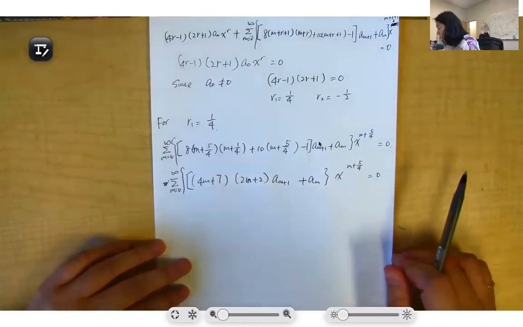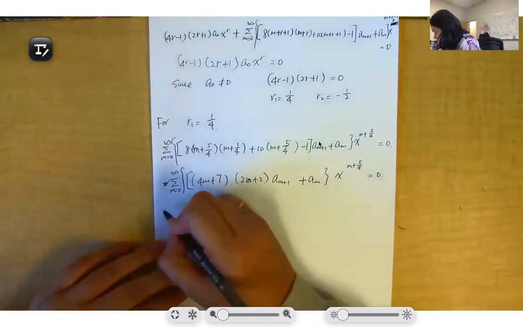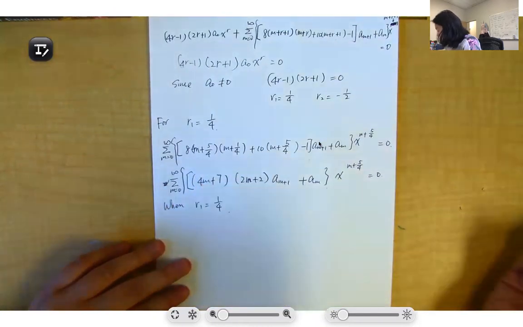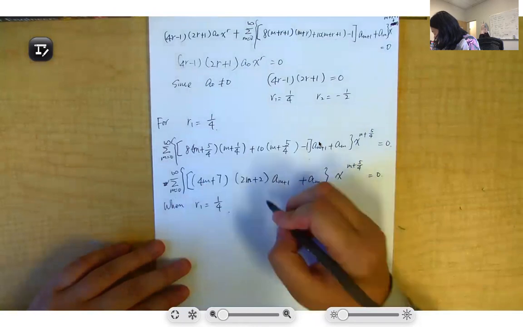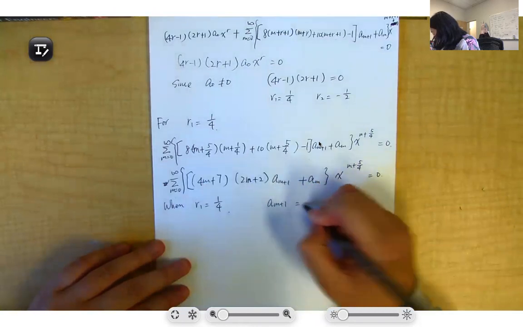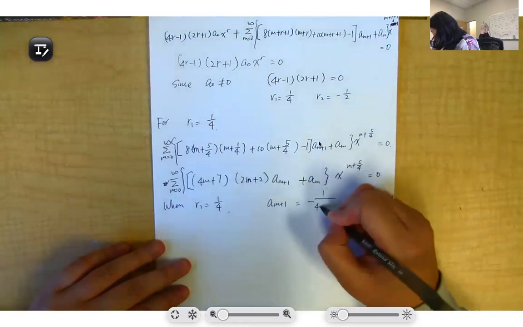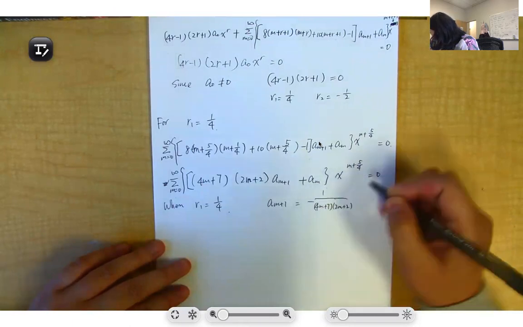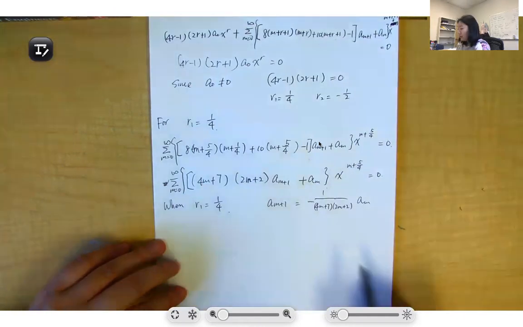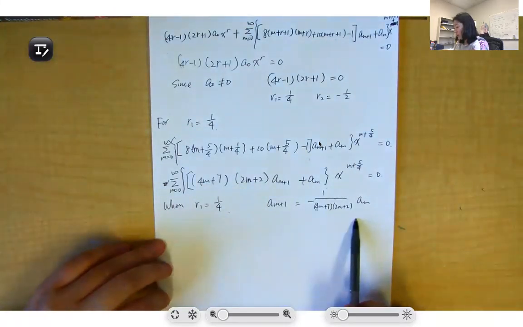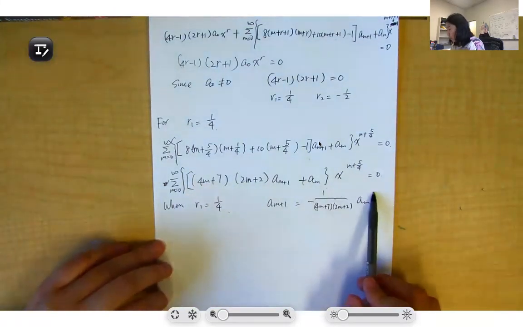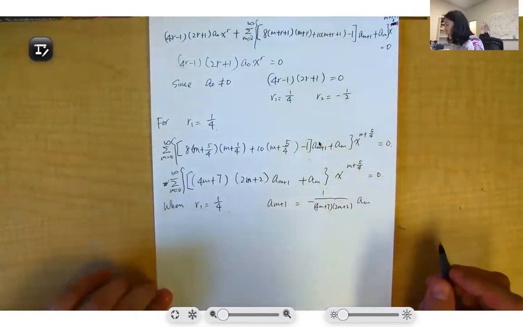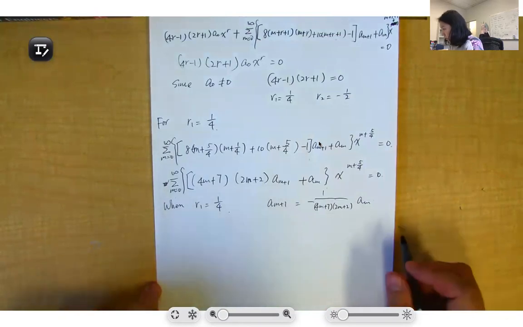Okay, so when r1 equals 1 over 4, we need to have a_{m+1} equals negative 1 over (4m plus 7)(2m plus 2) times a_m, this relationship, so that this whole term can be equal to 0. Then we can try several numbers for m. You can see how this coefficient looks.